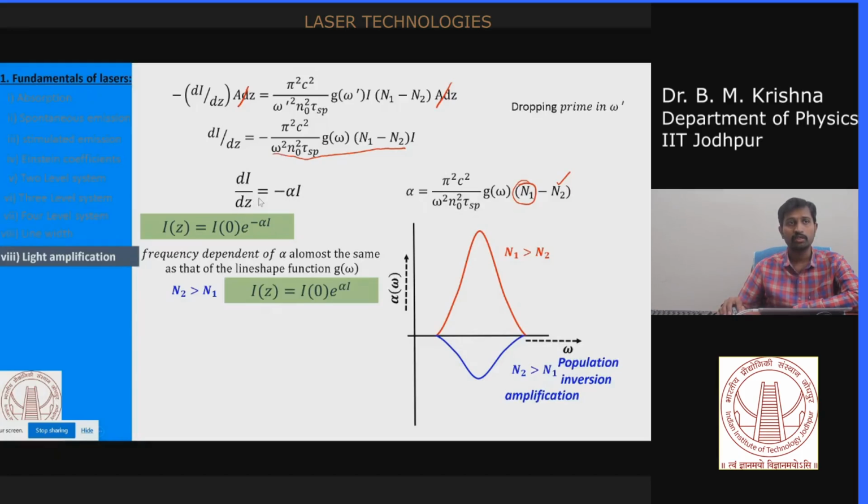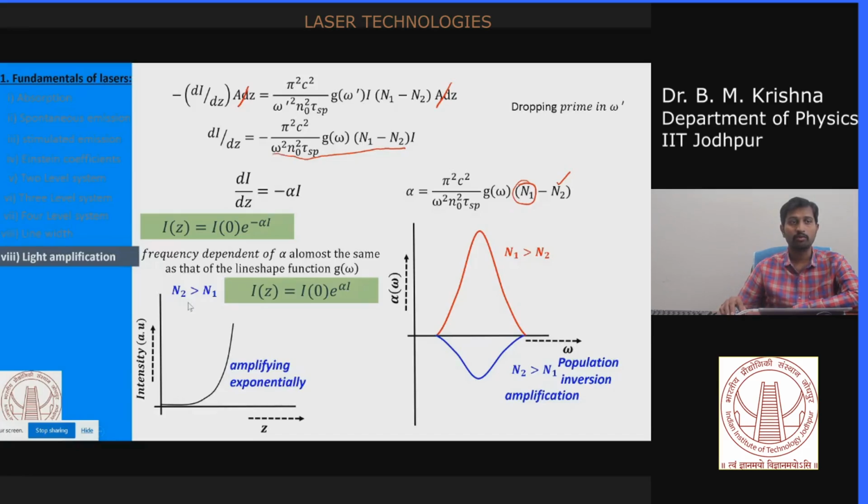So your dI dz equals alpha I. Now you integrate on both sides, you will get I of z equals I naught e power alpha z. So if you plot intensity versus z, it is exponentially increasing. That means your output intensity I of z is always greater than your input intensity, because this exponential factor is giving the amplification. So that is exponential amplification.